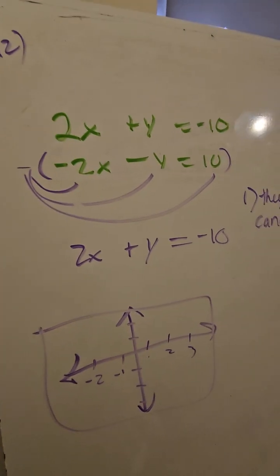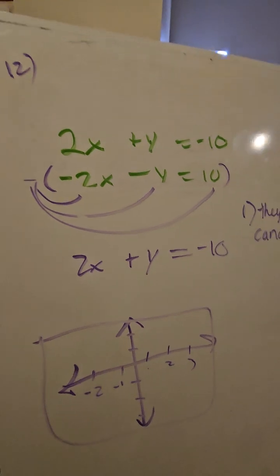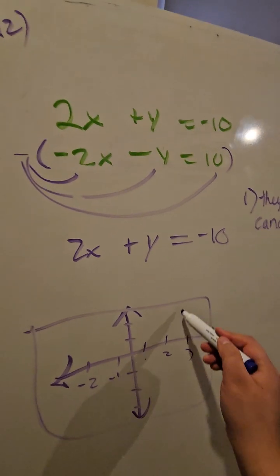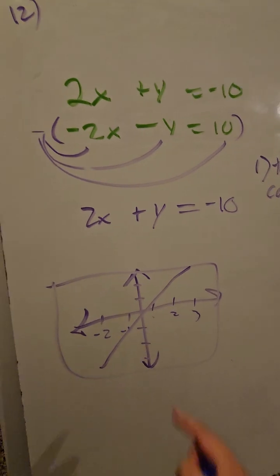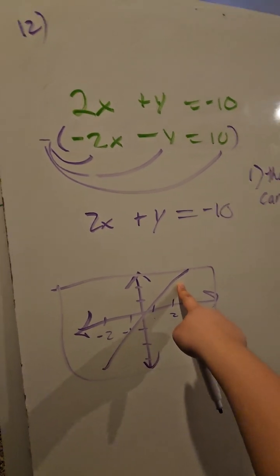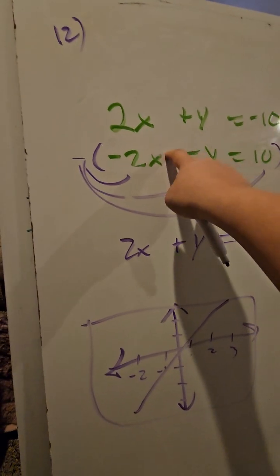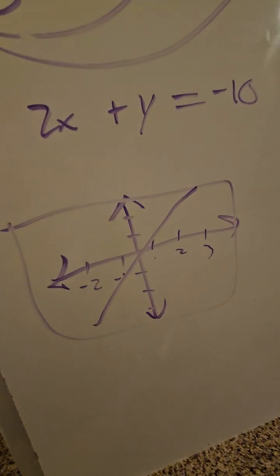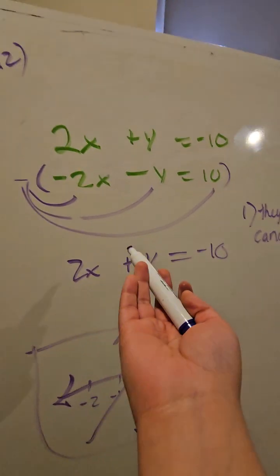Since we figured out that both of these equations are the same equation, that would mean that when you graph it, let's say this is the line on the graph for the top equation. But wait, we basically figured out that they're the same equation.